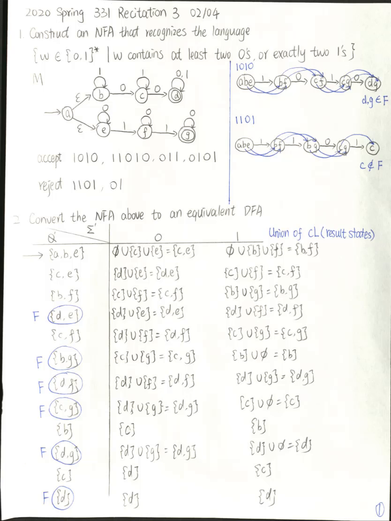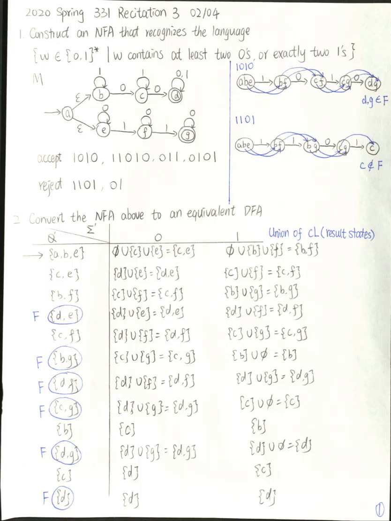So we have one more symbol to read, that 1. So from C and G, I can only reach C. C is reached from C. But from G, since there's no transition for that 1, this G can reach the empty set. We take the union of C and the empty set.